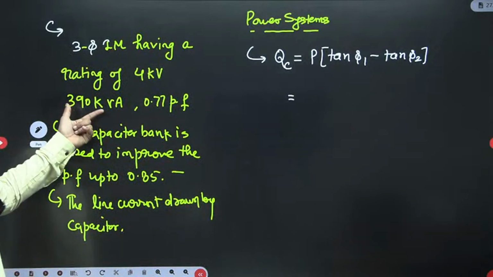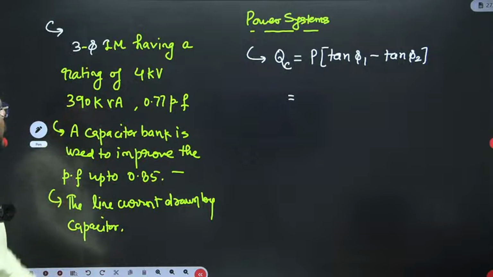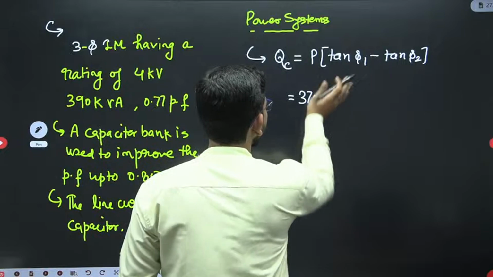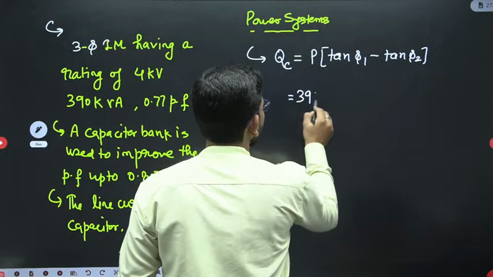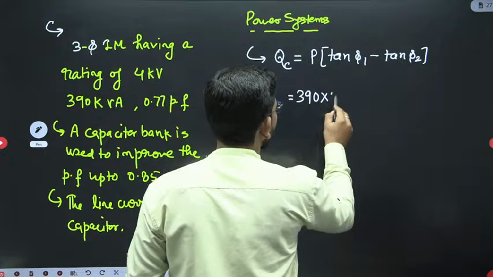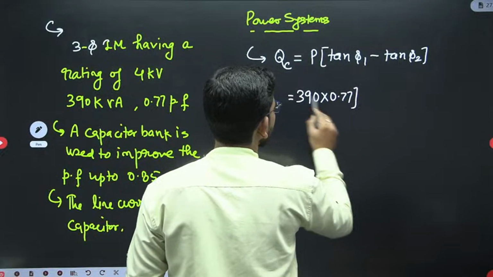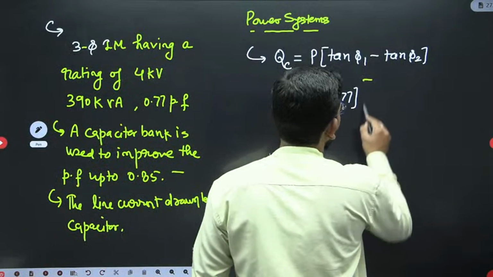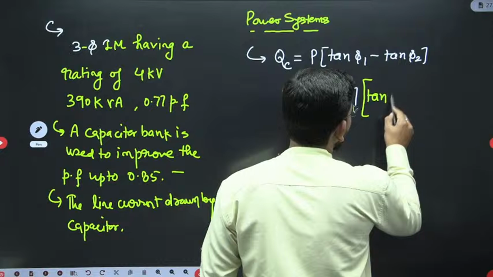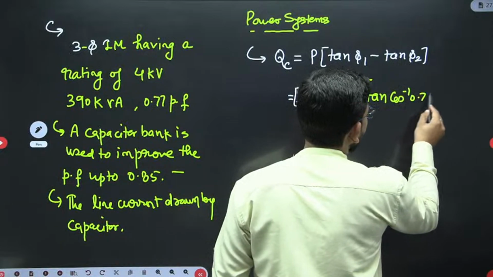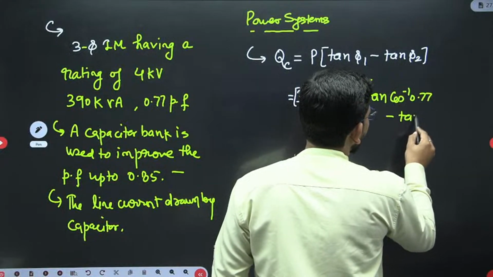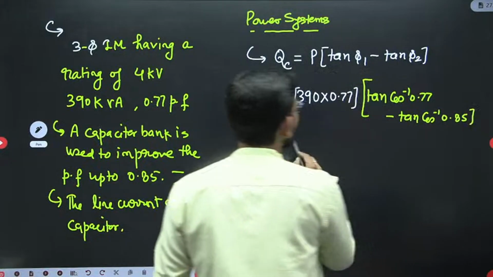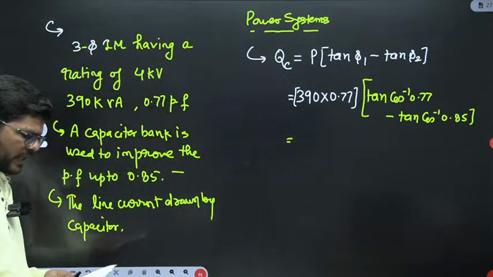We can calculate it from the rating of the machine: 390 into 0.77, the power factor of the machine which is given to us. This will be the P value. Now tan phi 1 will be tan of cos inverse of 0.77, minus tan phi 2, which will be tan of cos inverse of 0.85. By solving this equation, you will get QC.